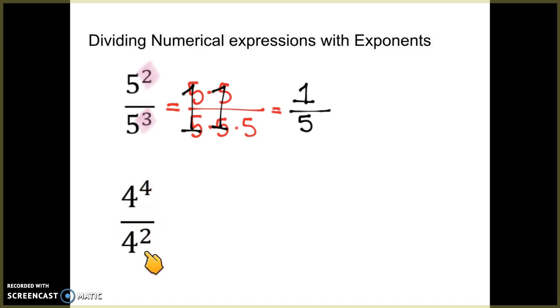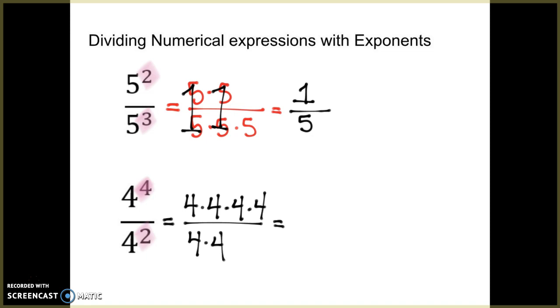4 to the 4th power divided by 4 to the 2nd power. If I continue the process of expanding this out, I should know that this exponent 4 is telling me that I'm going to take the 4 and multiply it by itself 4 times. And in the denominator, the 4 squared, the exponent of 2, is telling me that I'm going to multiply this by itself twice.